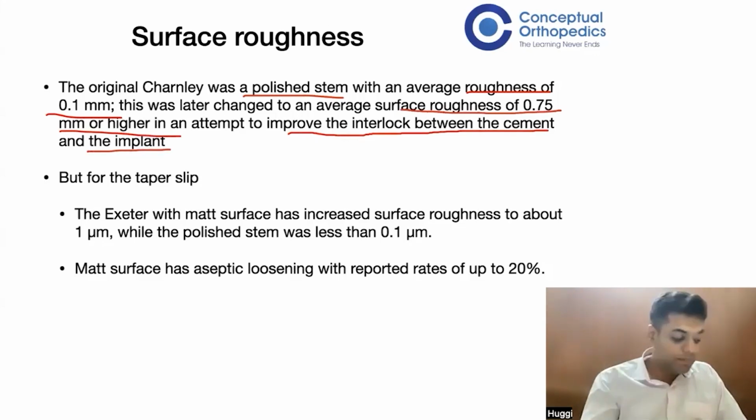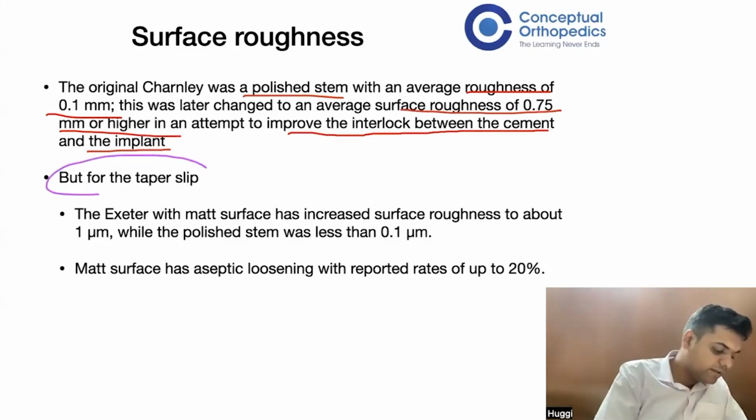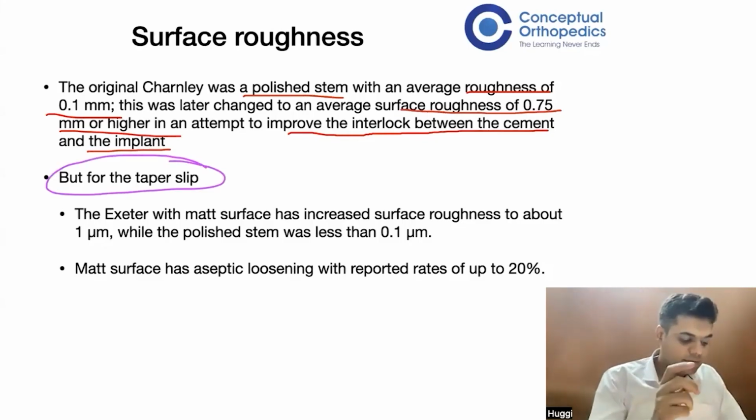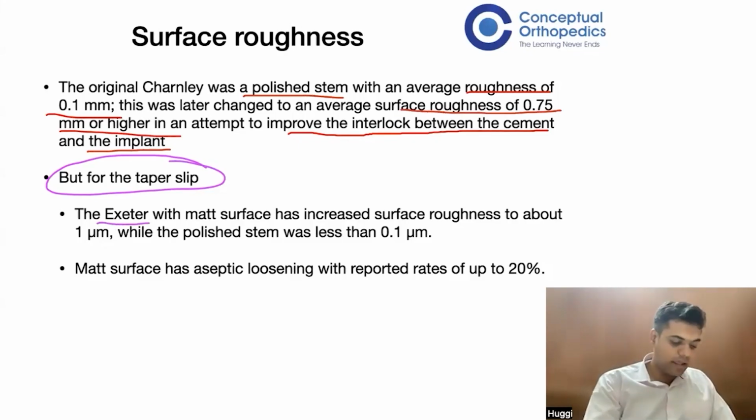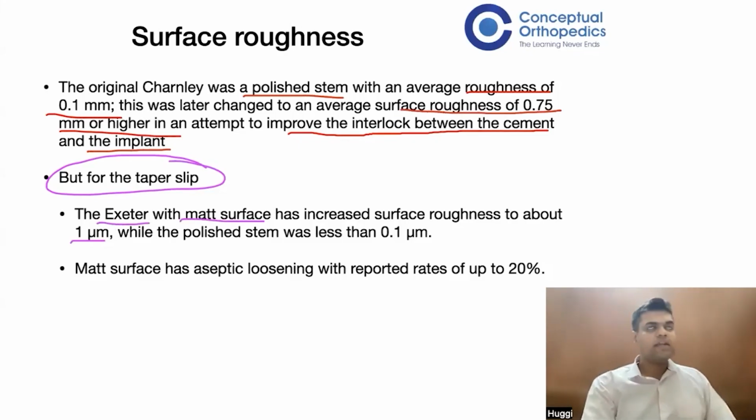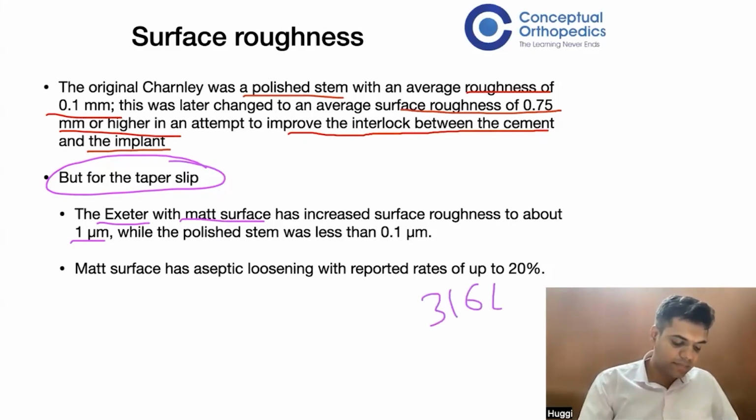But in the taper slip concept, what do we need? We need less bonding. So the Exeter group stem had a roughness of about 1 millimeter with a matte surface. They were using a certain material for the preparation of the stem, but after using 316L, the stem became more matte finished.